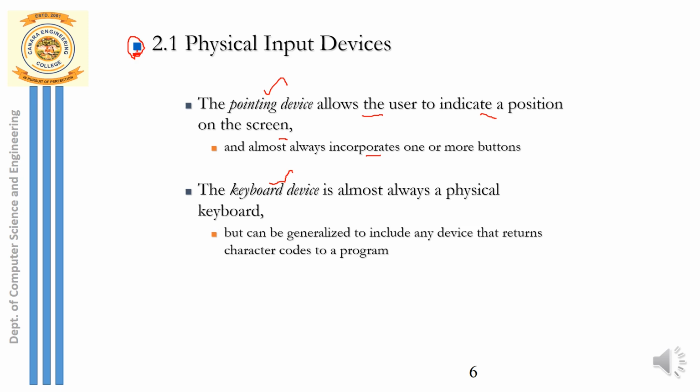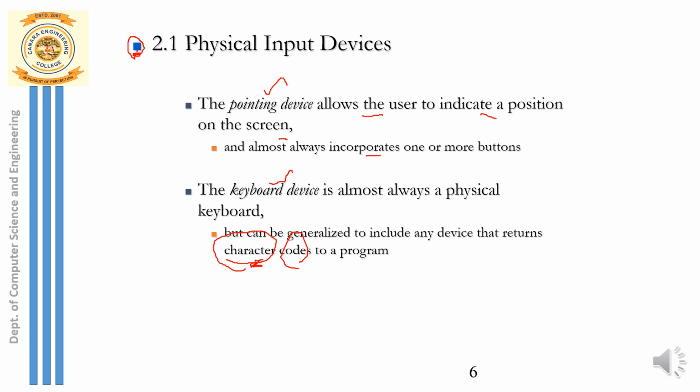Now what is it indicating here? Whenever I press a particular key, that actually returns a character. It returns a character code to the program. So as a programmer, I will write a program, and whenever I press a particular key, the ASCII value of that particular key should be returned. It returns which key I have pressed, that is, which character I have pressed.